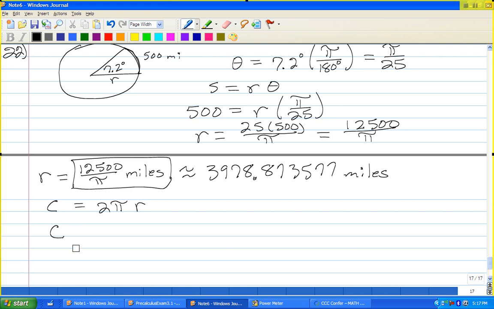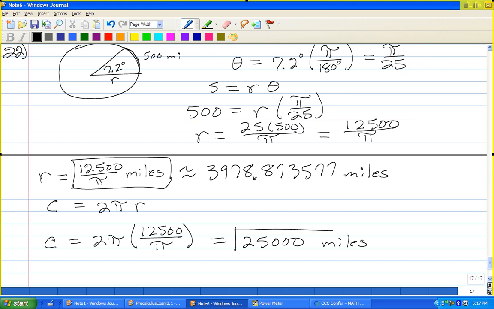So the circumference of the Earth is 2 pi times 12,500 over pi, which is 25,000 miles. And so the circumference of the Earth, and that's pretty close, is 25,000 miles.